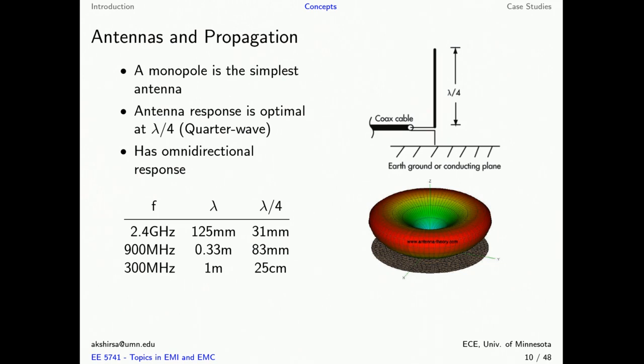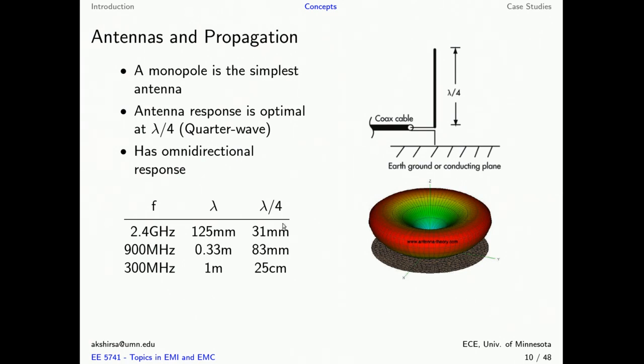Here we can see the relationship between the frequency, the wavelength, and the quarter wavelength for some common frequencies. So 2.4 gigahertz is a common frequency used in cellular communications. The wavelength corresponding to 2.4 gigahertz is 125 millimeters, which is 12.5 centimeters.